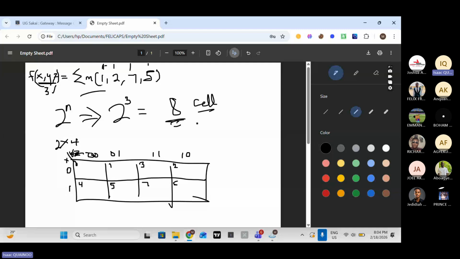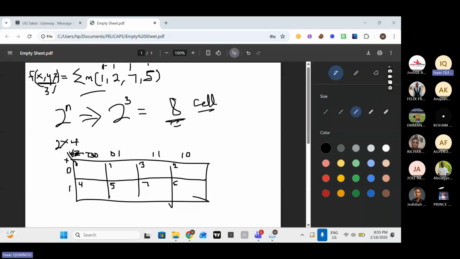Okay, let me explain that again. To determine a particular type of K-map to use, you look at the number of unique variables you have in your function. In this function, we have X, Y, and Z. We stated that variables are the unique members of an expression, so here the unique members are 3.